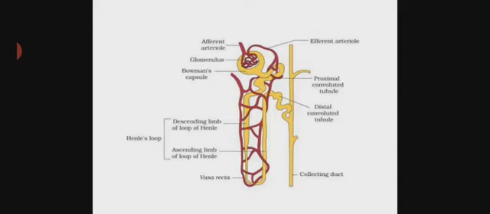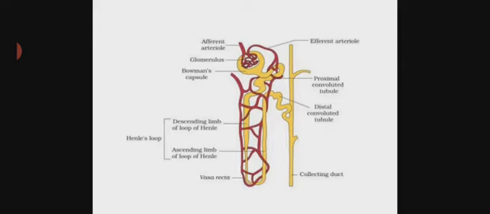And both these two will enter into a double-walled cup-like structure called renal corpuscle, and that will contain a capsular structure called Bowman's capsule, and this Bowman's capsule holds a space within which you see an intensive network of blood capillaries called glomerulus.